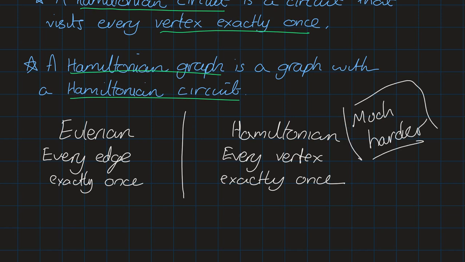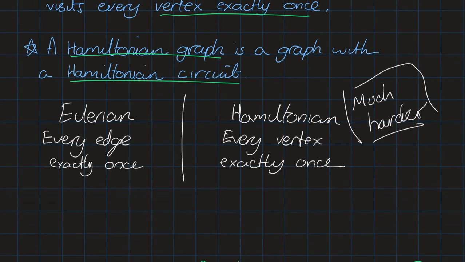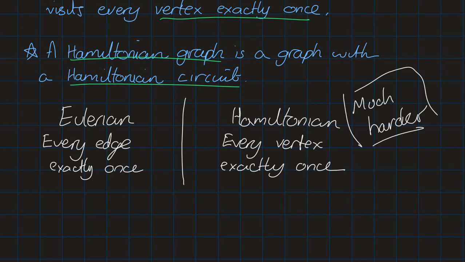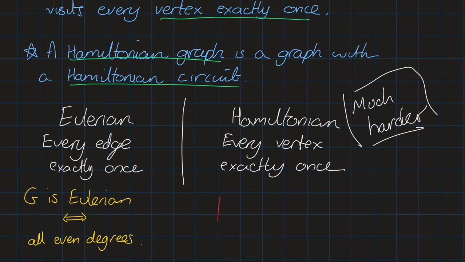The Hamiltonian side of this game is much harder, because if you recall, there's a theorem on the Eulerian side, and it just says that a graph is Eulerian if and only if all vertices have even degrees. But on the Hamiltonian side, there's no easy theorem.